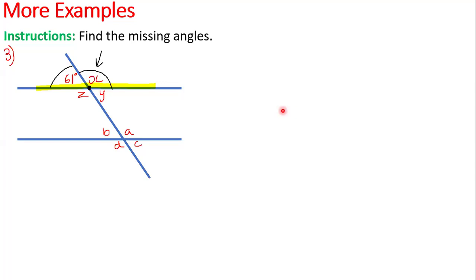So X is equal to 180 degrees minus 61, and it's going to be equal to 119. This is 180 degrees minus 61, because this one is 119.